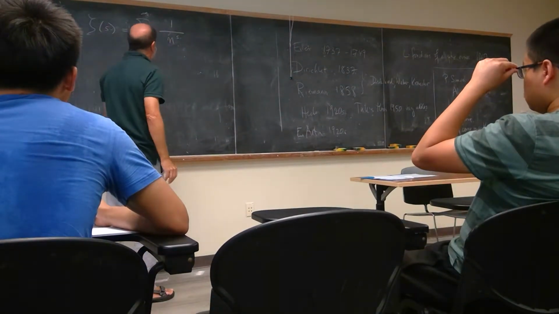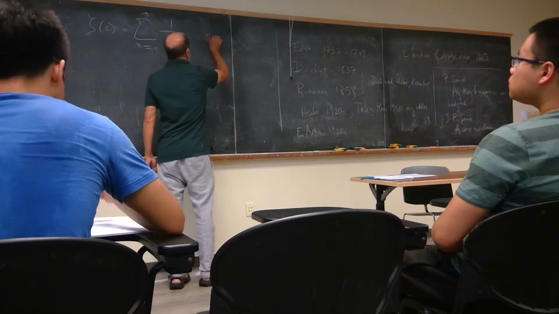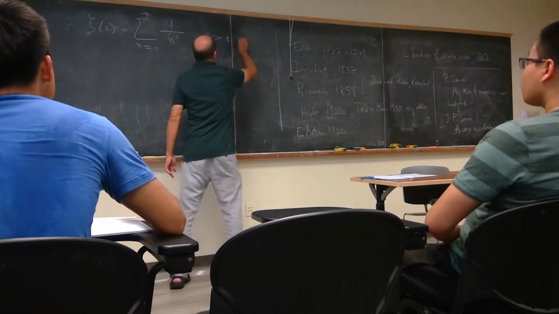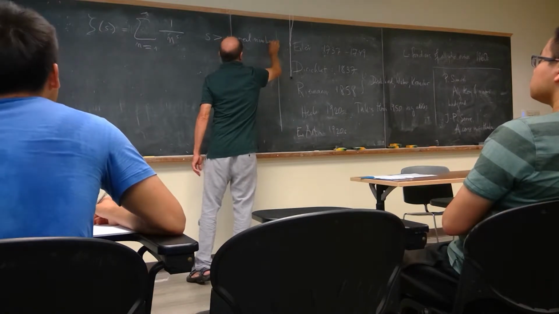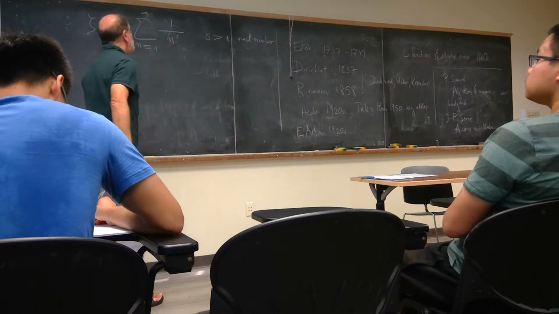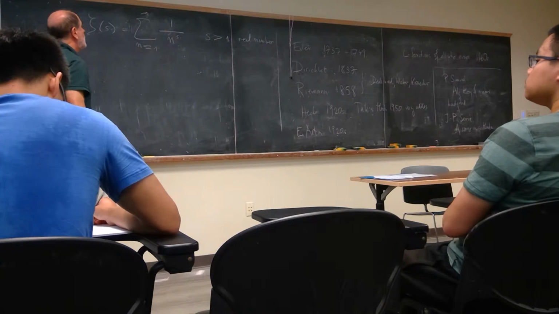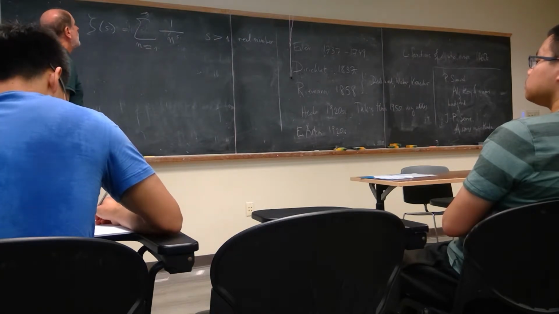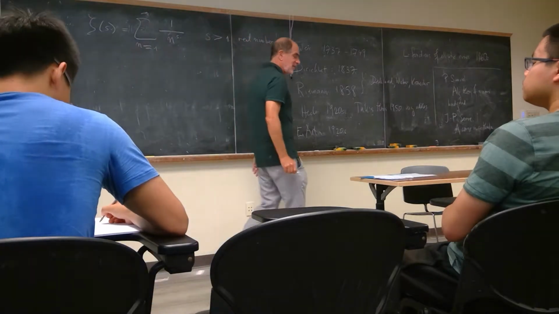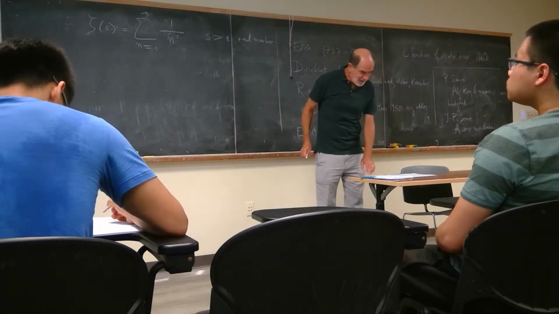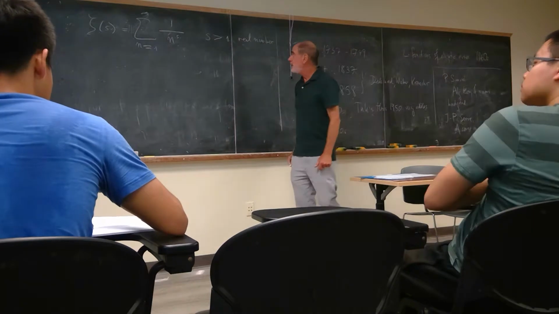Euler studied this in the region where s is a real number bigger than 1. You can show that the series converges in that region. It's a series of positive terms. It converges, but it diverges as s tends to 1. So it gets larger and larger as s tends to 1. Euler knew that.